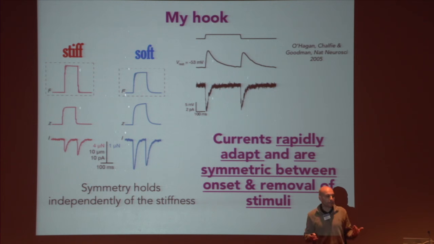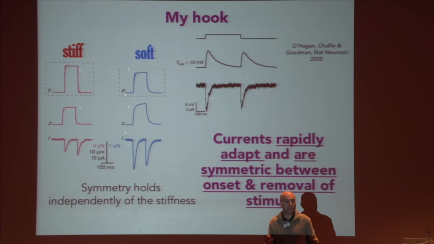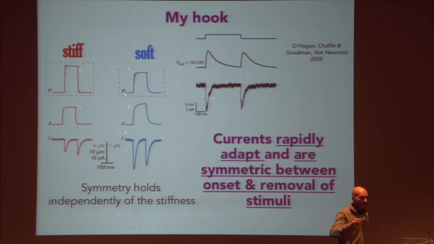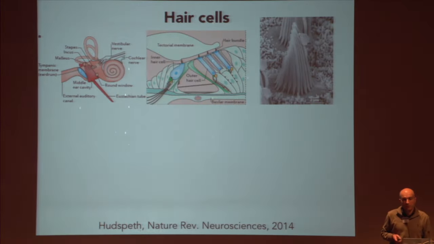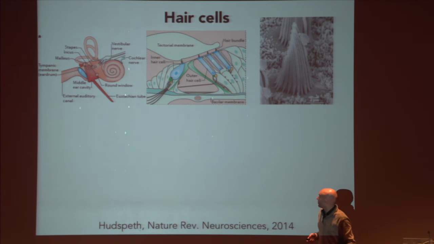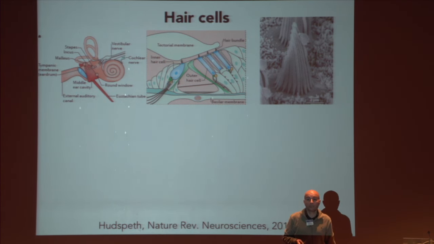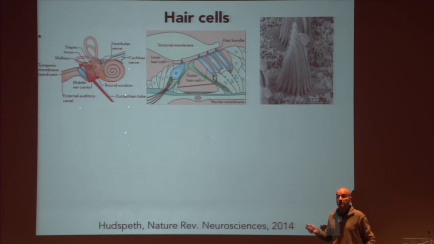Now, mechanical adaptation is not by itself a major surprise. We have examples. Visiting Stan, Albert, and Eric at Rockefeller, I was familiar with the example of hair cells. So let me just remind you what the model is.